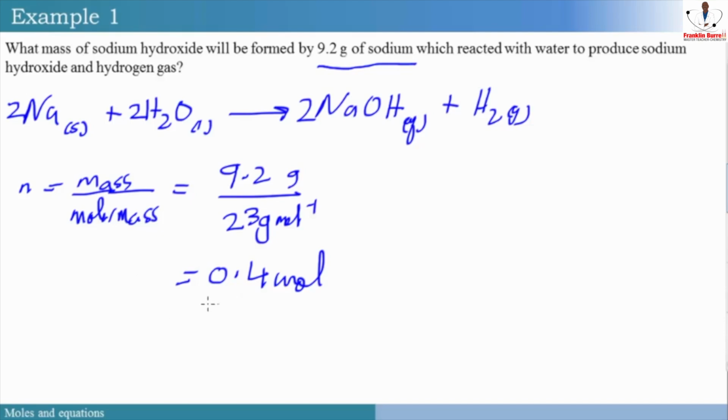We are now going to use the mole ratio, which is 2 to 2, where we're going to simplify it into a simplest whole number ratio. So 2 to 2 is the same thing as 1 to 1. So here we have sodium to sodium hydroxide is 2 to 2, which is 1 to 1.